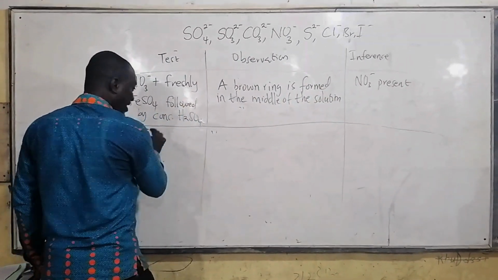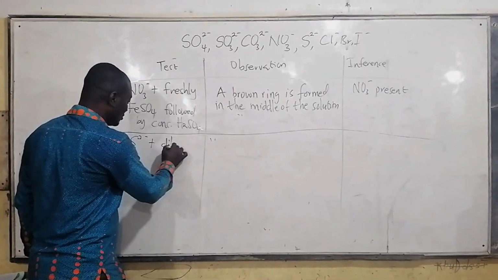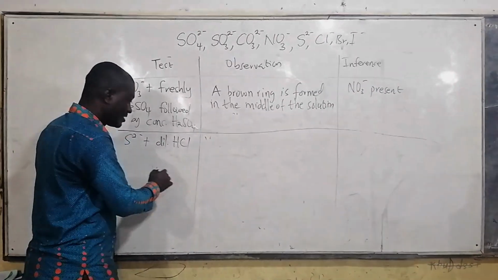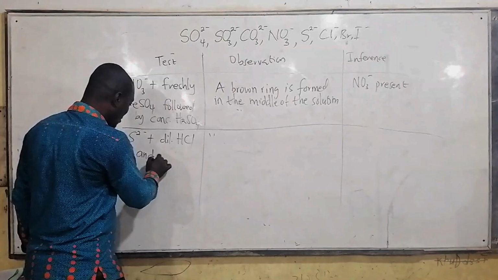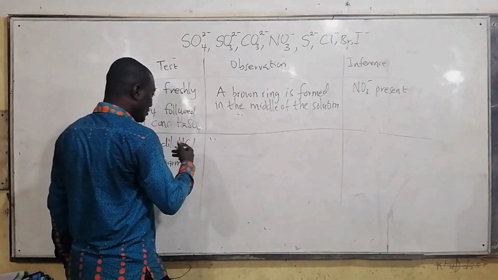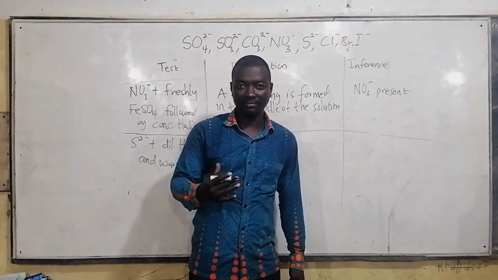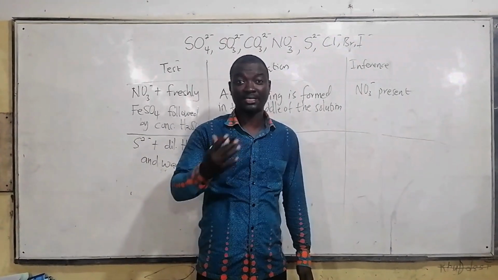Now we move on to the sulfide ion. In the sulfide ion, we add dilute HCl solution and warm. By so doing, the gas that evolves has a very offensive smell. It smells like rotten egg.